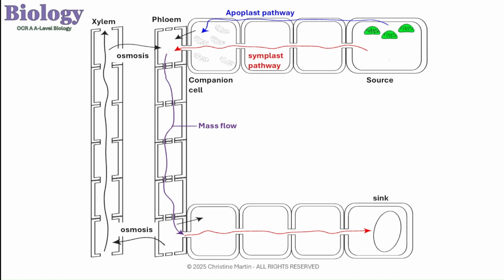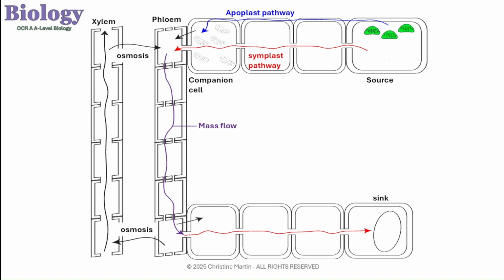At the sink, sucrose is unloaded from the phloem by active transport and diffusion. It can then be used by cells for respiration or converted into other substances such as starch to maintain a low sucrose concentration.